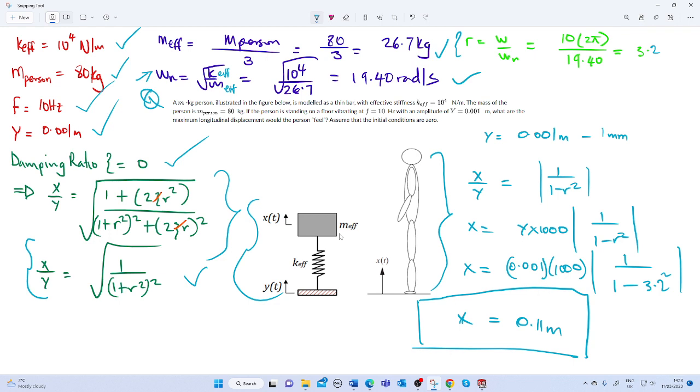To calculate the frequency ratio, which is W over Wn, we have 10 times 2 pi, of the vibrating frequency of the body, which is in Hertz. So it becomes 10 times 2 pi over 19.40, which gives us 3.2. So our frequency ratio becomes 3.2.